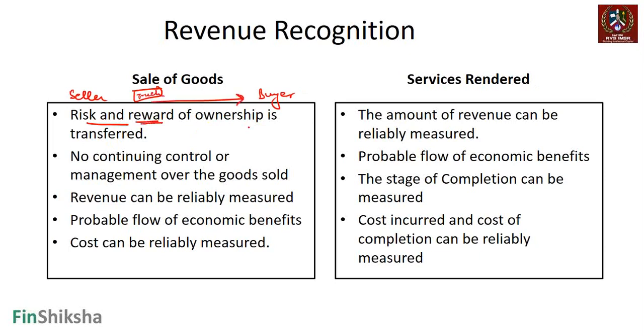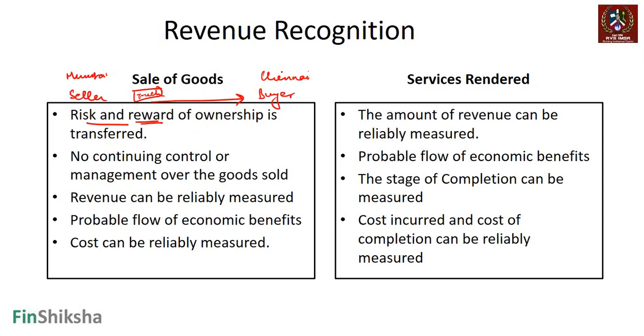The moment the risk and reward of ownership is transferred... let's say I'm selling it from Mumbai and someone is buying it in Chennai. Depending on the contract, it's possible that when the truck leaves my factory, the risk and reward of ownership is transferred.